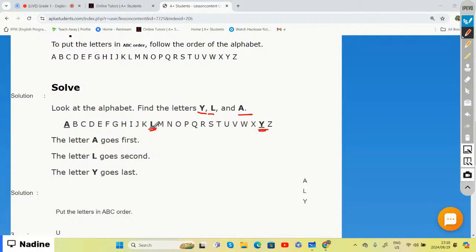Then we have L literally in the middle. And then we have A, which is the first letter of the alphabet.